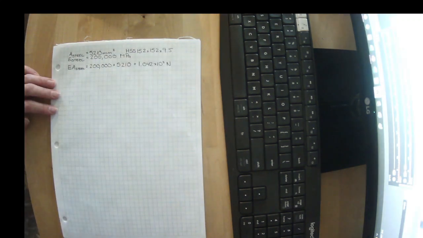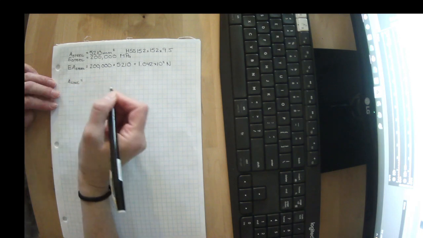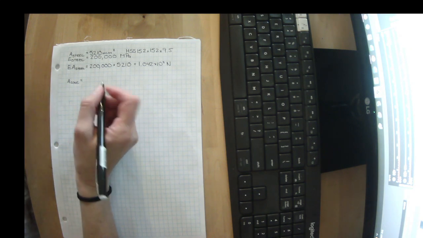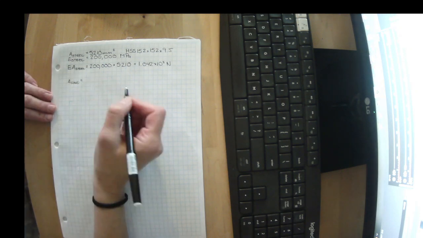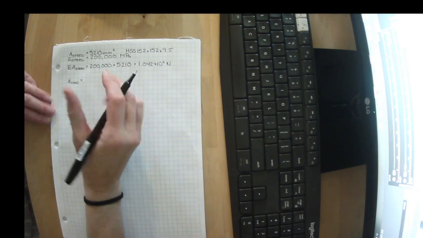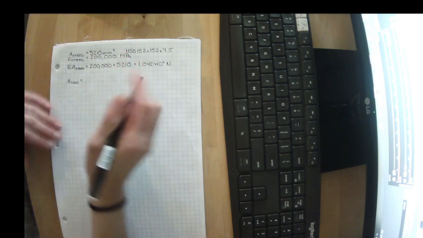Let's do the same thing for the concrete. Let's figure out the area of the concrete. Anyway, the area of the concrete, well, we know that it's pretty darn close to a 152 by 152 square.